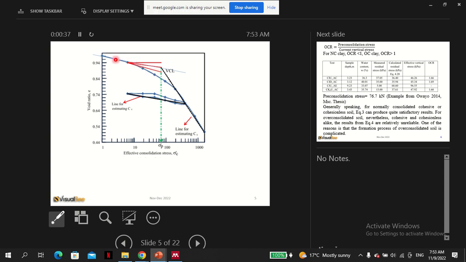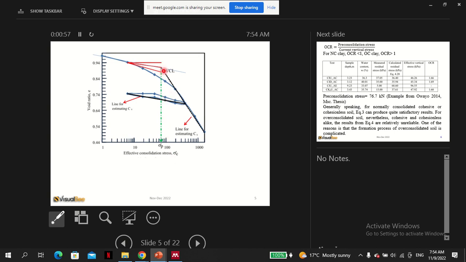You find the midpoint, and when it meets this part, that is the pre-consolidation stress. The simplest one is just to draw the tangent to the curves where they meet.